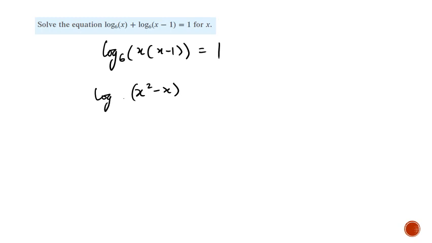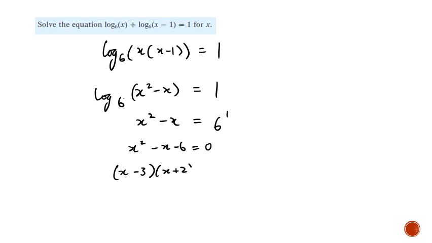We'll simplify the numbers inside the log first. Rewrite it so that we have 6 to the power of 1 there. 6 to the power of 1 is a 6, so we'll just rearrange it and then solve for x as per usual. So then we have x minus 3, x plus 2, so x is equal to 3 or negative 2.